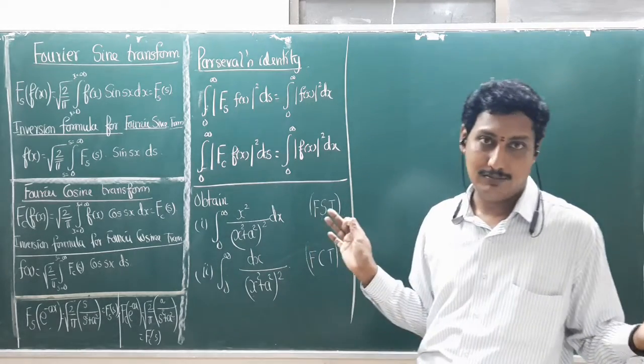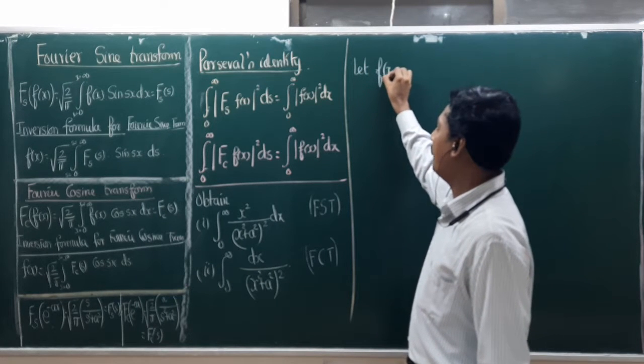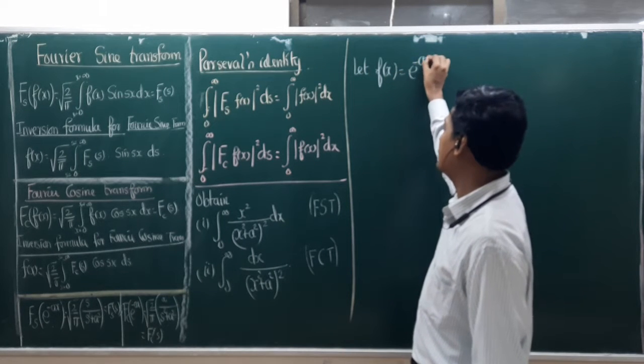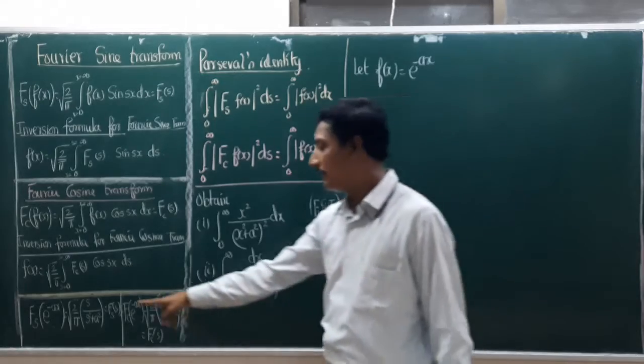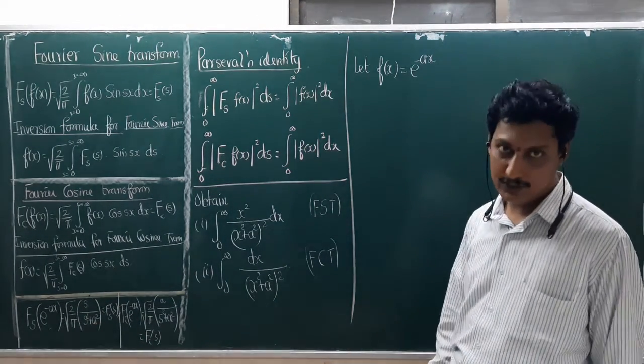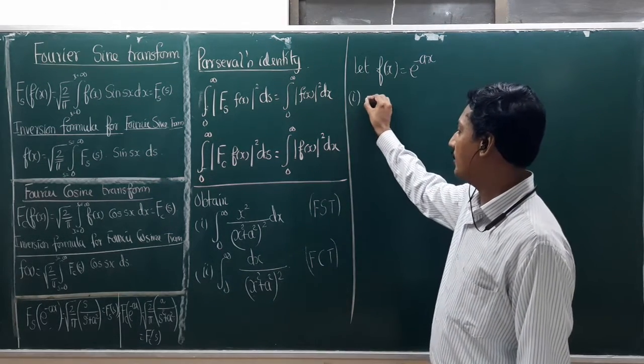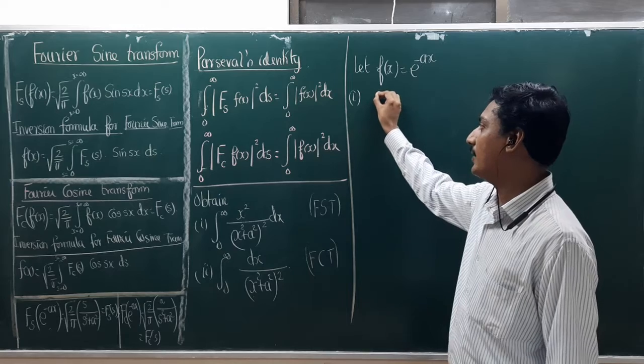Here I am going to consider f of x equal to e to the power minus ax. We also know that the Fourier sine transform of e to the power minus ax equals root 2 by pi times s by s squared plus a squared. So for the first question, I go for the Parseval's identity for the Fourier sine transform.